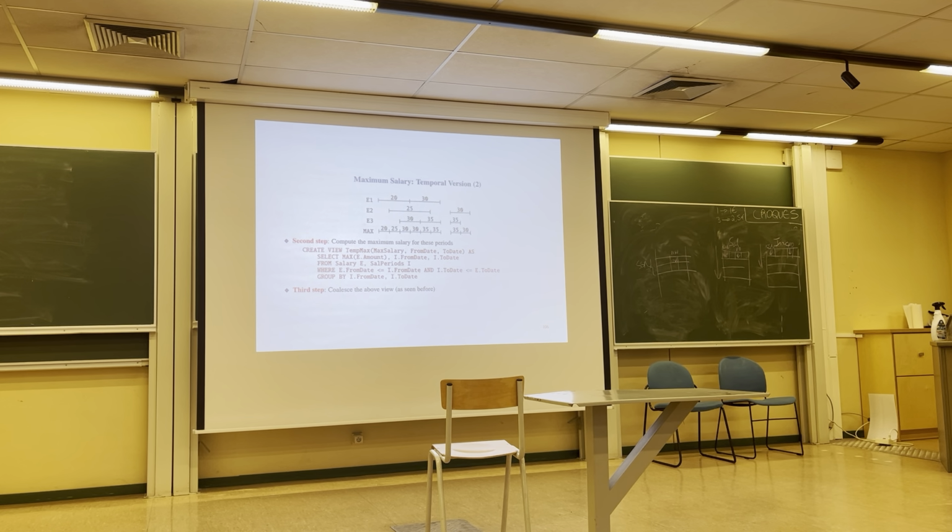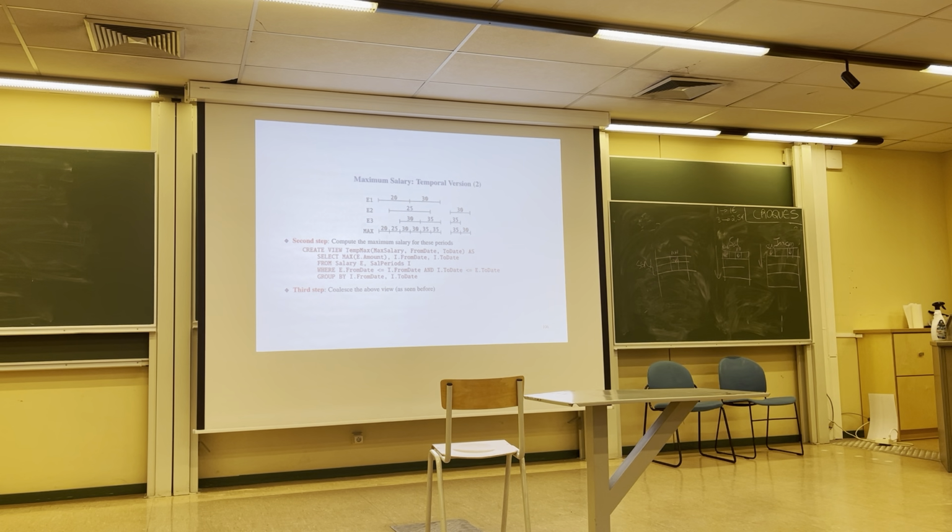You get the idea? So again, the difficulty is to understand how we split the timeline. When we split the timeline, we simply say, for each period, give me all the salaries that cover the from date and to date of the period. Look at this, the employees start before or equal and end after or equal, so it's fully containing this period, so it will be included in my maximum here.